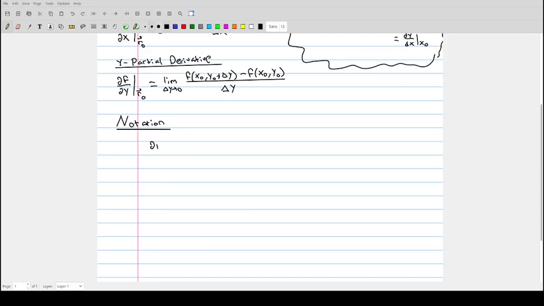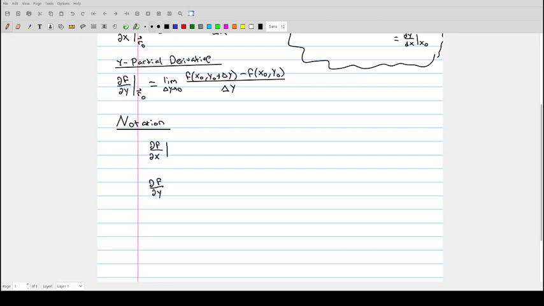The first one is the fractional notation, df dx or df dy. And I'll just put an equal sign between these multiple different notations.